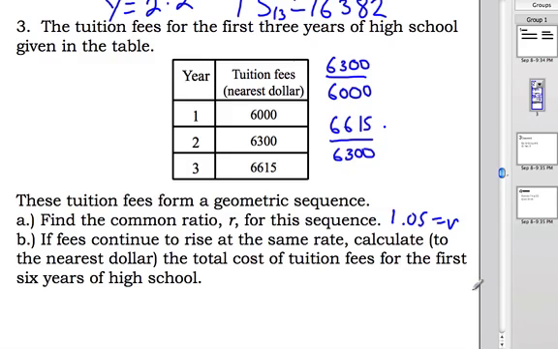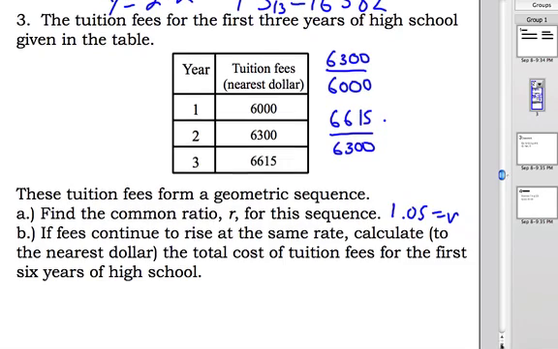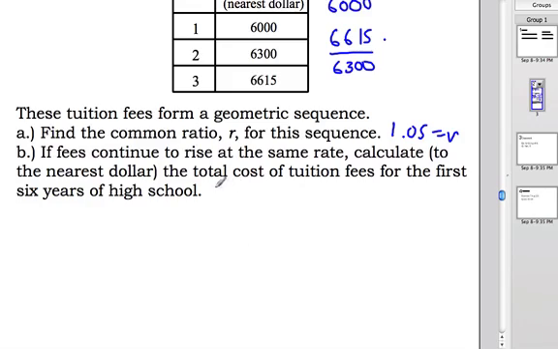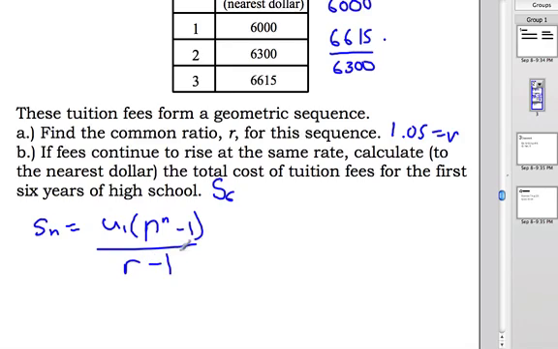The fees continue to rise at the same rate. Calculate to the nearest dollar the total cost of tuition for the first 6 years of high school. So we have to add up the first 6 years. So we're trying to calculate S sub 6. Okay, so S sub n equals u sub 1 times r to the power of n minus 1 out of r minus 1.